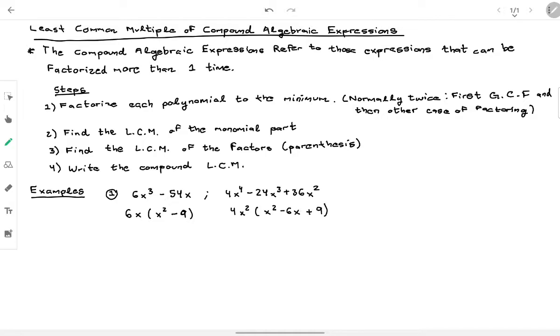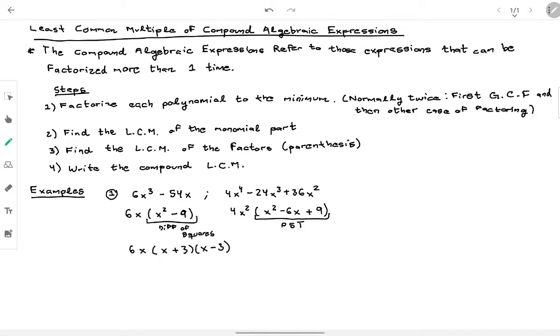So now we can continue factorizing because this one is a difference of squares. And we can factorize also this one because it's a perfect square trinomial. So if I factorize those, I will get 6x that multiplies x plus 3, x minus 3.